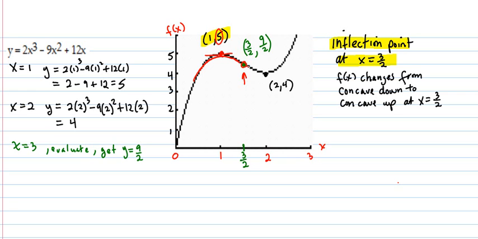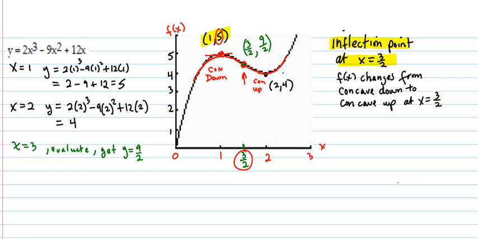Now all of a sudden the slopes are negative, but they're less negative, turning the corner to give you a concave up. So this is concave down and then concave up. And that's why there's an inflection point at 3/2.